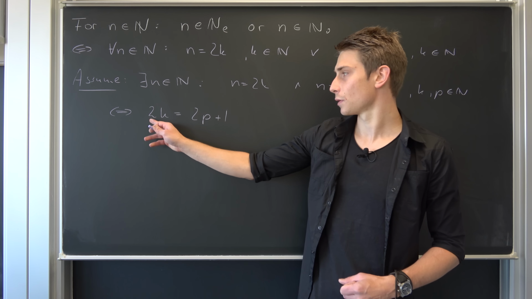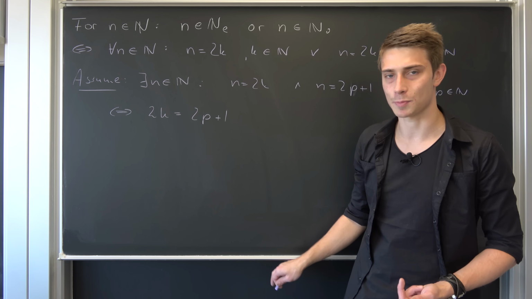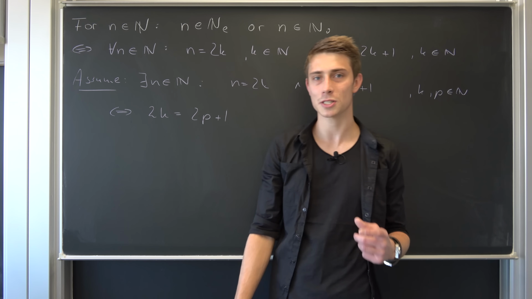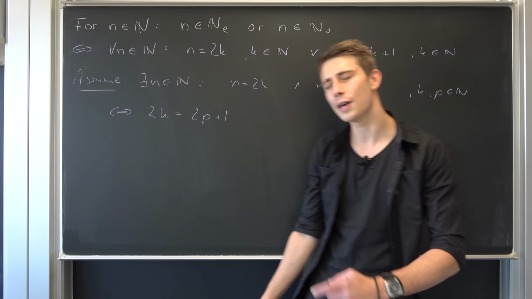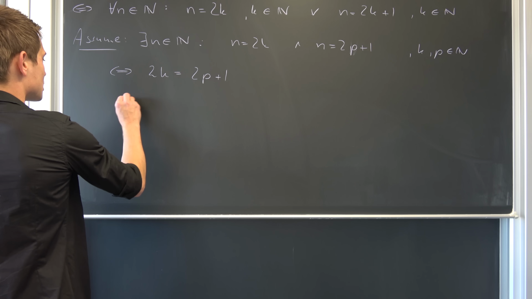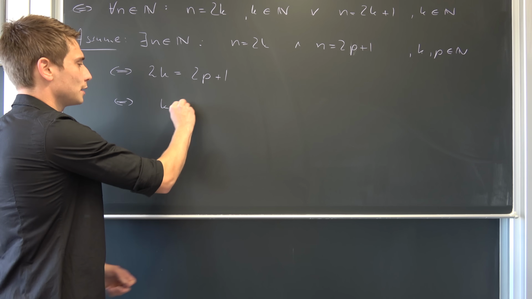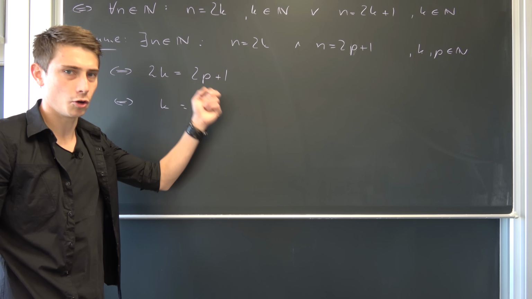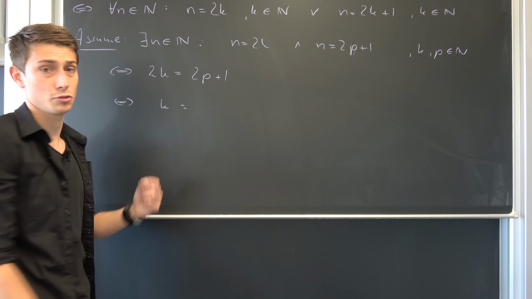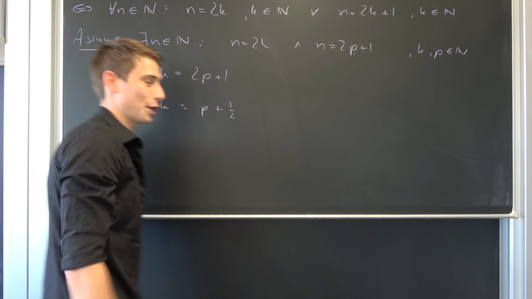Well, 2 is not equal to 0, so that means we can divide both sides by 2. You can take a look at the Peano axioms and see that 2 is just a successor of 1, making it not equal to 0. Coolio! So that's equivalent to saying 2 times k over 2, which is just k, equals 2 times p plus 1 over 2. We can break up this fraction into 2 times p over 2, which is just p, plus 1/2.